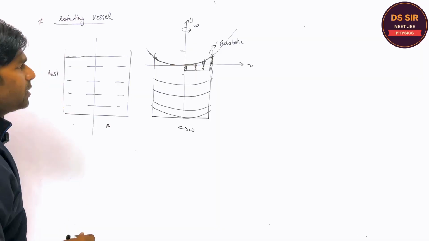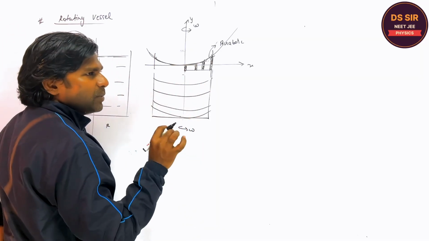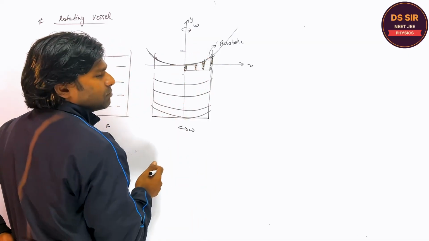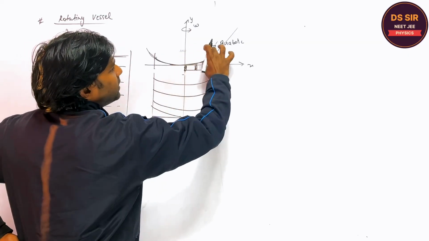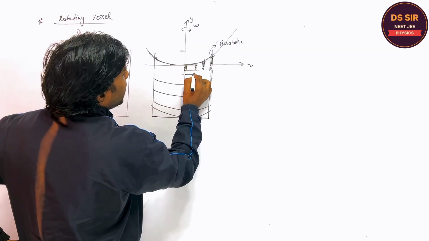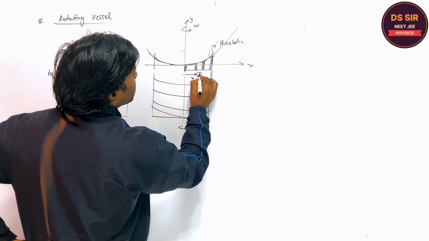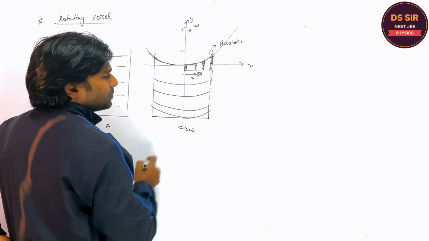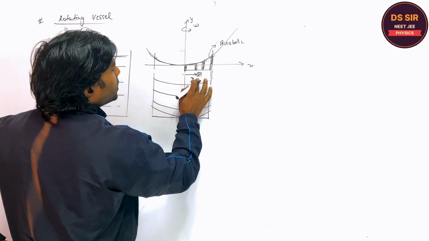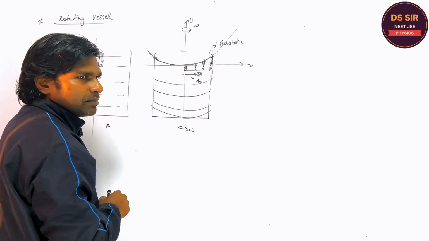So to find all these things, what will you do? First of all, you must remember that the pressure is increasing because the height is increasing. So at distance x, you consider the element portion dx, and the mass of this portion is say dm, and it is also rotating.